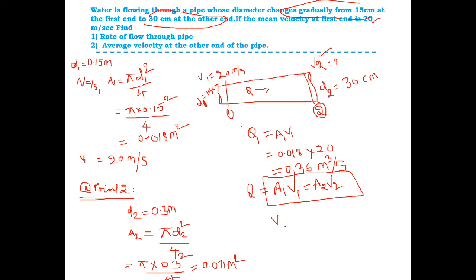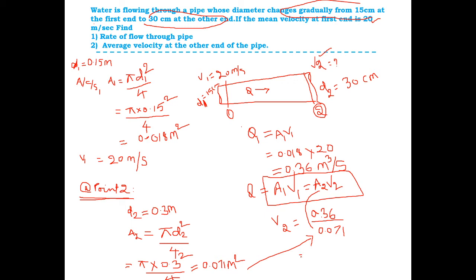You know area at point 2. V2 equal to A1 V1, which is 0.36 divided by area 2, 0.071.